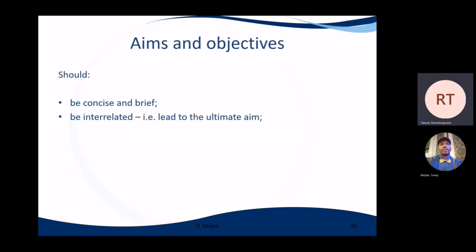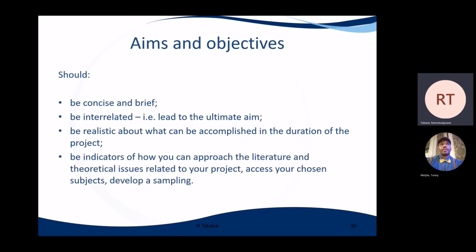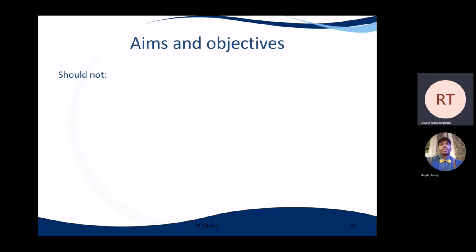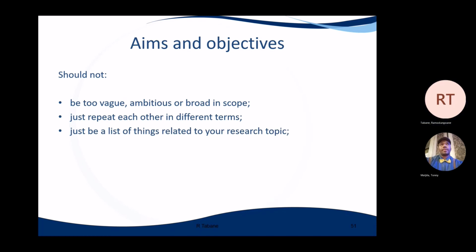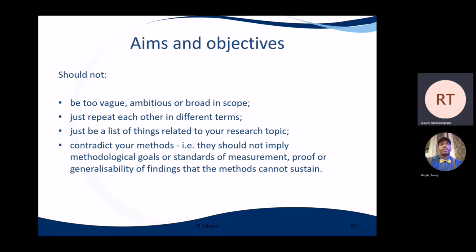So they should be concise, interrelated, realistic, and indicators of how you can approach your literature. They should not be too vague, repeat each other in different terms, be just a list of things related to your topic, or contradict your methods.